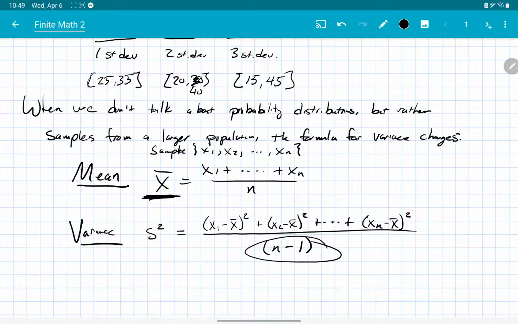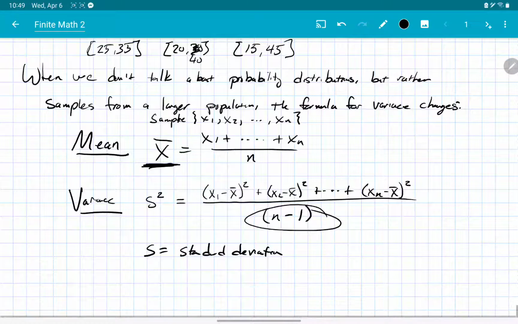You just need to remember when you're computing a variance from a sample, you divide by n minus 1, not n. So if you are given the probability distribution to find the variance, it's dividing by n. But when you are given a sample, it's divided by n minus 1. It's a little bit strange, but it's the reality. And then s is the standard deviation. We take the square root of the variance. That's the same thing. That doesn't change.